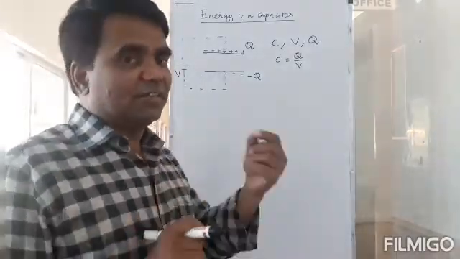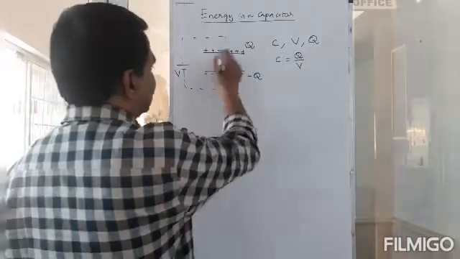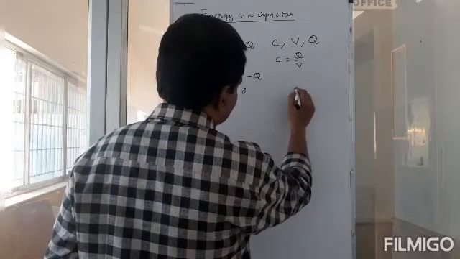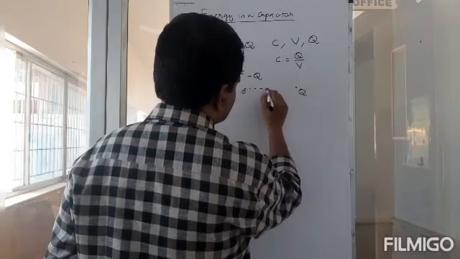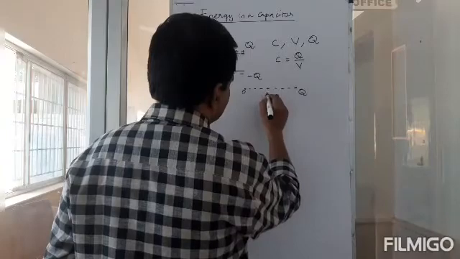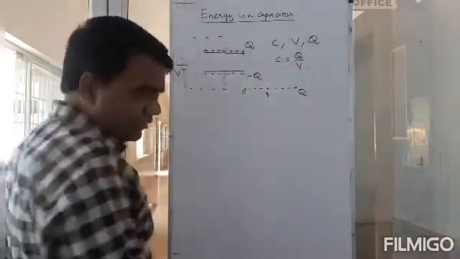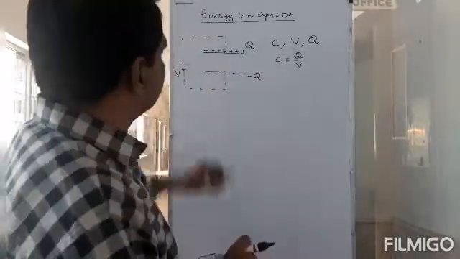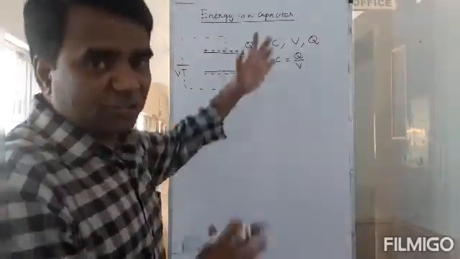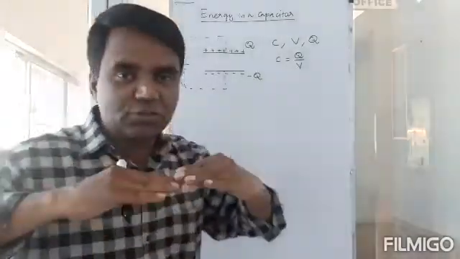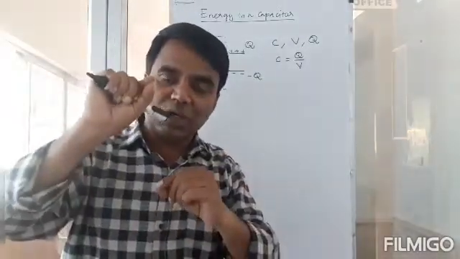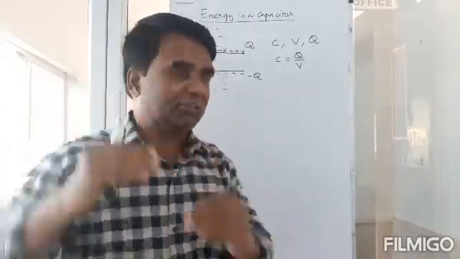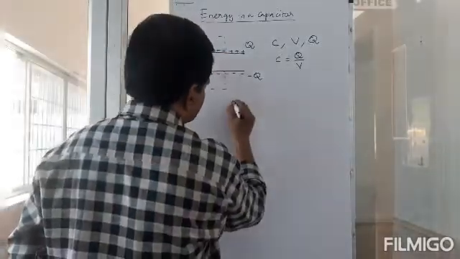Let us suppose that as it goes from 0 charge to Q charge, you have not fully charged it. You started from 0, you keep putting charges, and I am taking one state where you now have small q amount of charge.